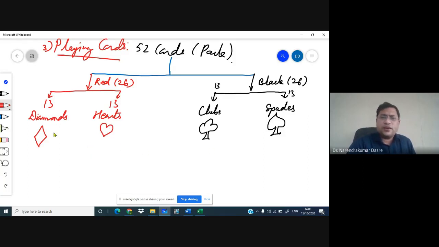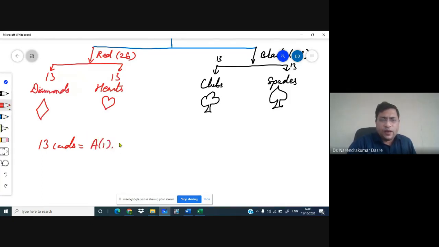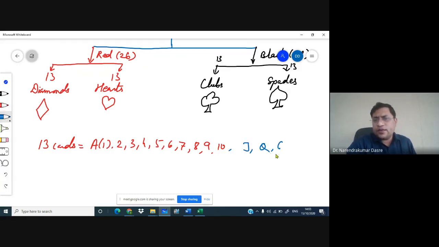So these are the four types of cards we have, and in each set of 13 cards, first we have the ace, then we consider 1, 2, 3, 4, 5, 6, 7, 8, 9, and 10, and then we have Jack, Queen, and King.